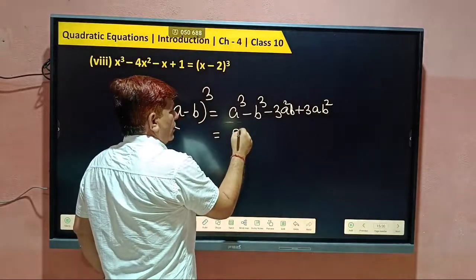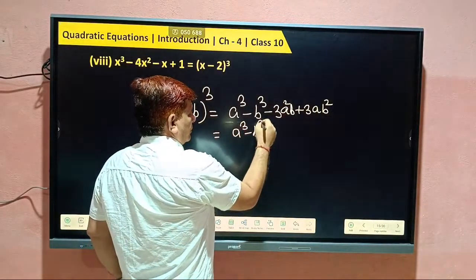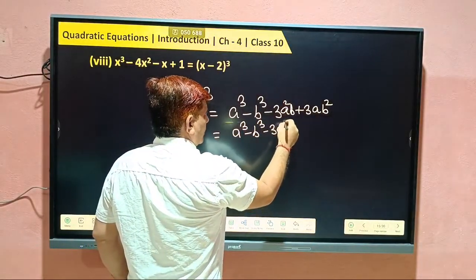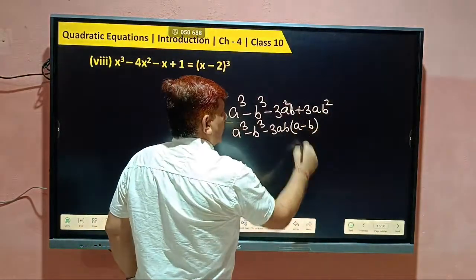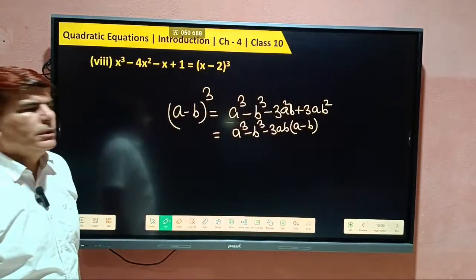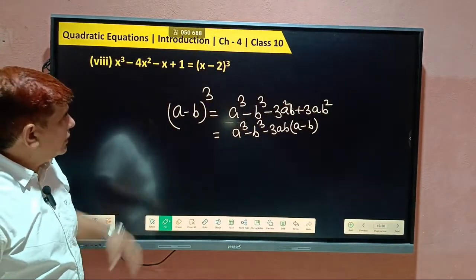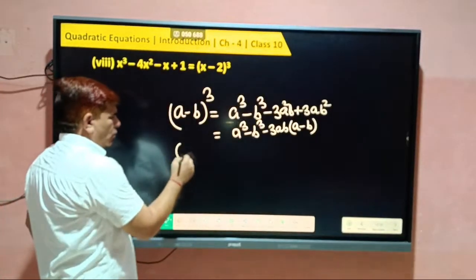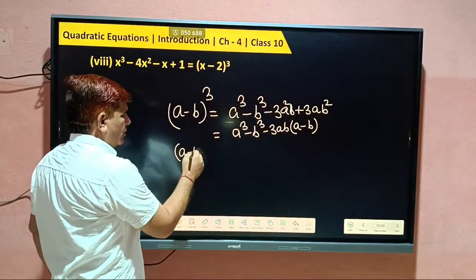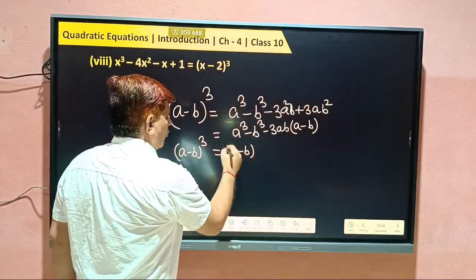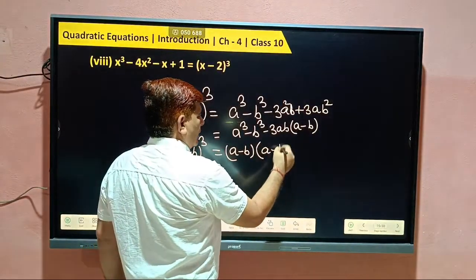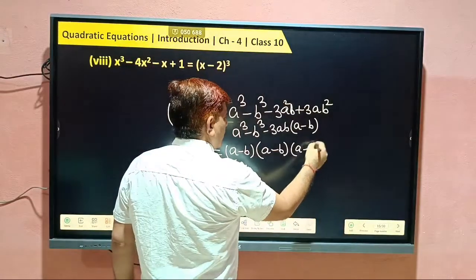Otherwise, if you also don't know this, then a minus b cube is written, this you can write a minus b, a minus b, a minus b.